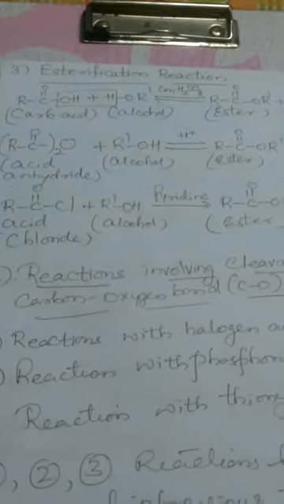Once again the product formed is an ester RC double bond OR dash, and the byproduct formed will be HCl. So all these three, wherein the product obtained is an ester, represent the esterification reaction. So this is a very important reaction usually asked in the examination. Do remember it. Now this is the first set of reactions.